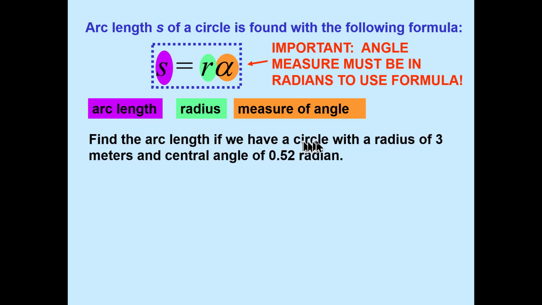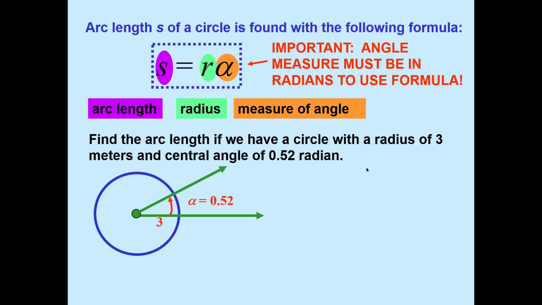Find the arc length if we have a circle with a radius of 3 meters and a central angle of 0.52 radians. So the arc length we have to find is in black here.